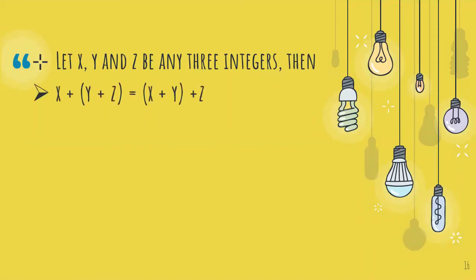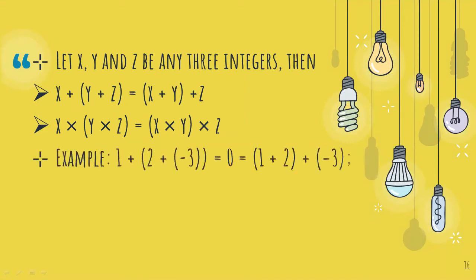Then x plus (y plus z) would be equal to (x plus y) plus z, or x into (y into z) would be equal to (x into y) into z. Yeah, it basically means that these brackets don't do anything. So this is an example of that. We just go through it.